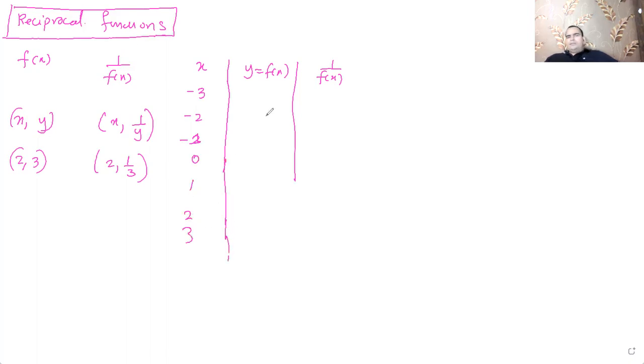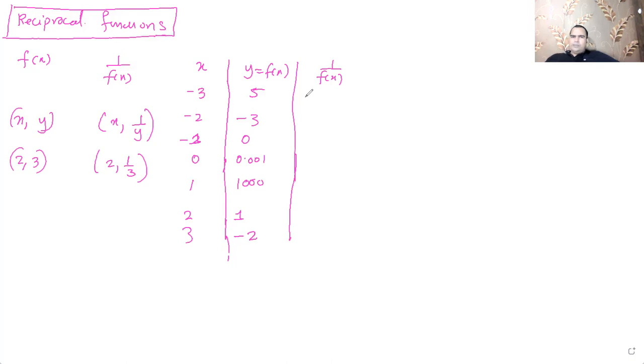And I'm taking the y values as, let's say, 5, -3. Here is 0. At this point is 0.001. At this point is 1000. Here the y value is 1. And here is -2.